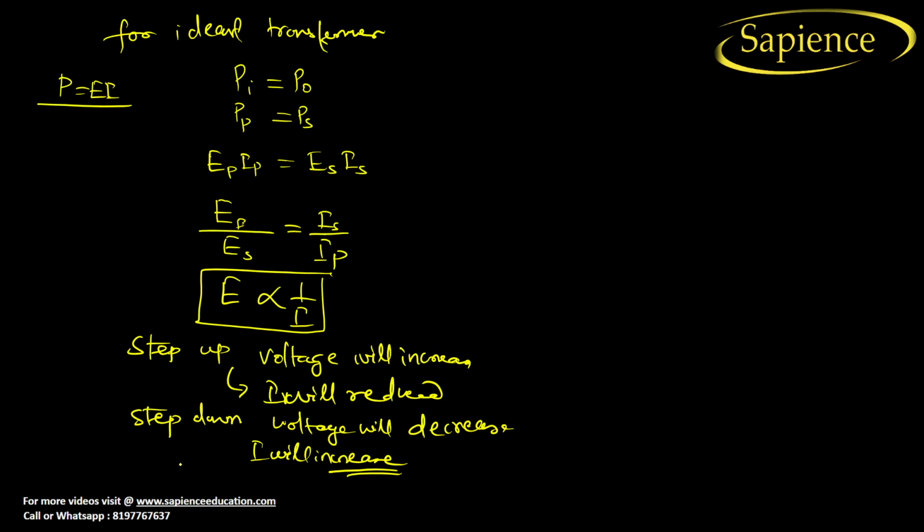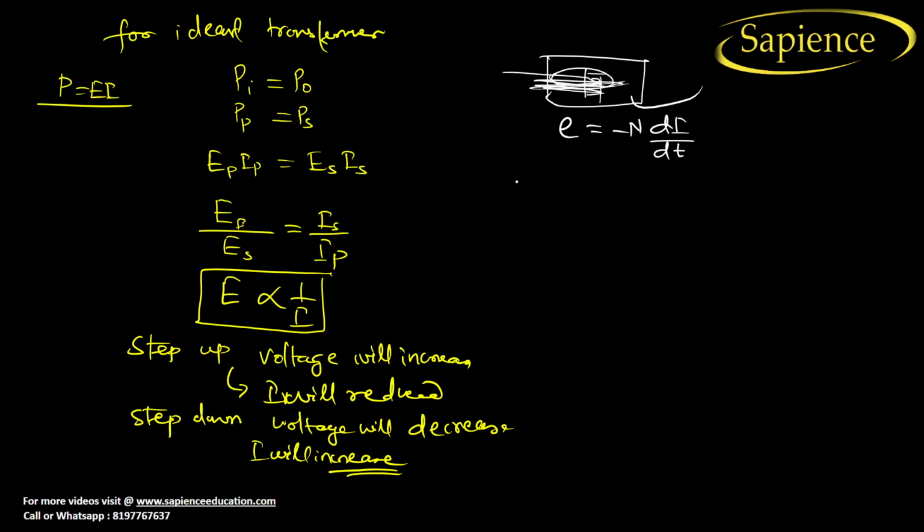Now, you know that there is an induced EMF. So if there are N turns in the transformer, let us consider this is a transformer, and there is a number of turns like this. If there are N turns in the secondary coil, we can write that EMF produced is equal to minus N d phi by dt.